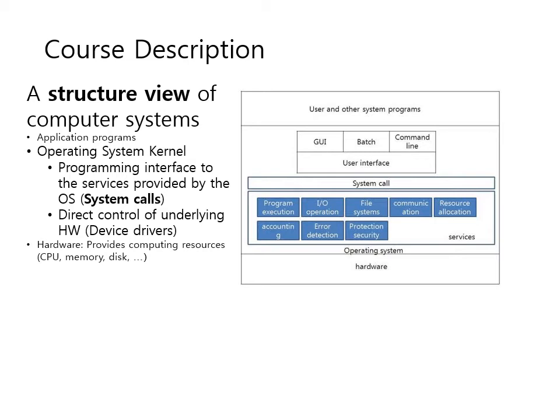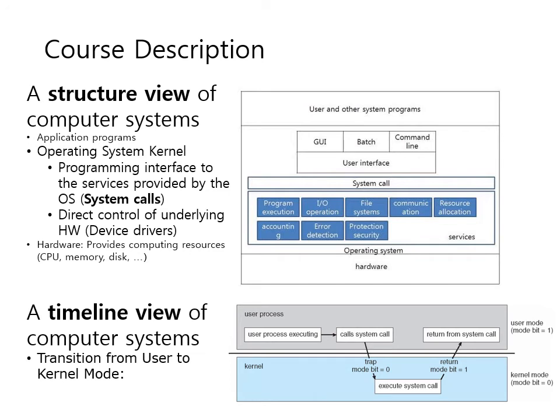The underlying hardware resources include CPU, memory, disk, etc. The figure shows 8 services provided by the kernel: program execution, I/O operation, file systems, communication, resource allocation, accounting, error detection, protection, and security.